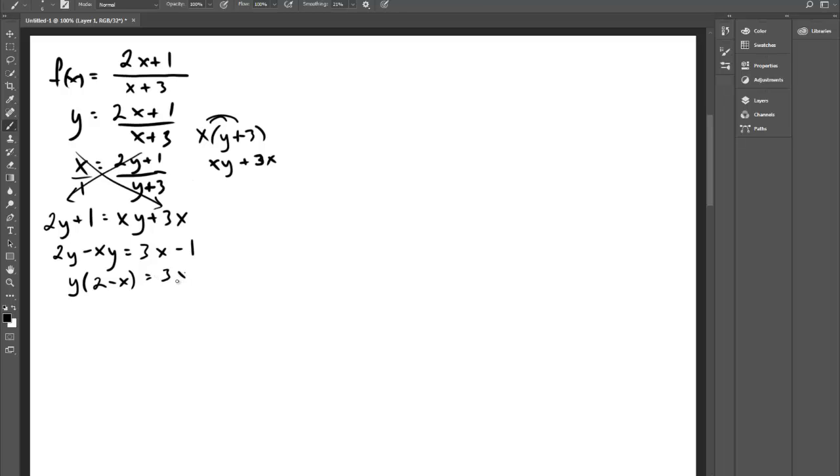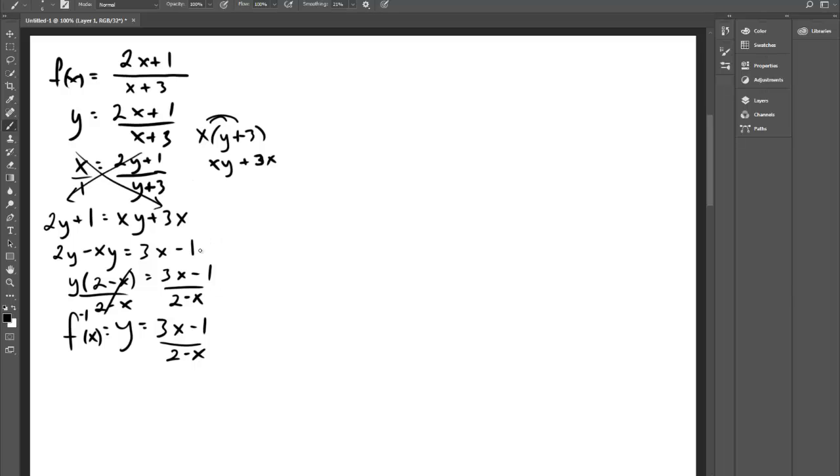So equals 3x minus 1. And then if we divide both sides by 2 minus x, that'll cancel right there, and y will equal 3x minus 1 over 2 minus x. And that would be the inverse of x.